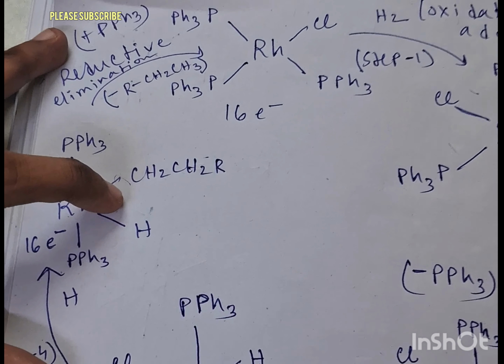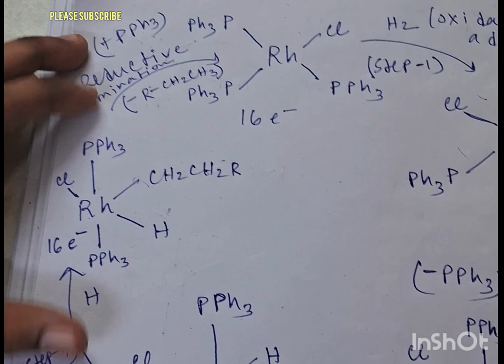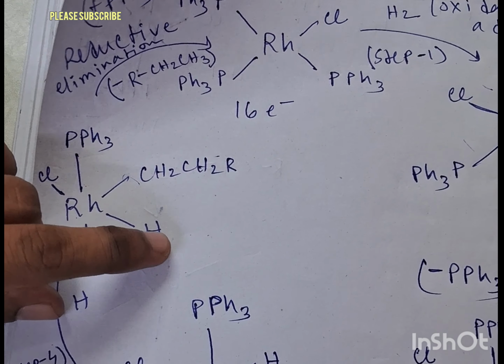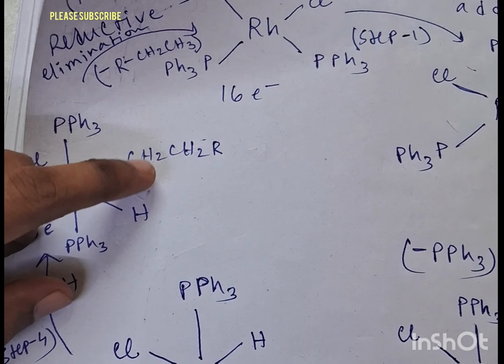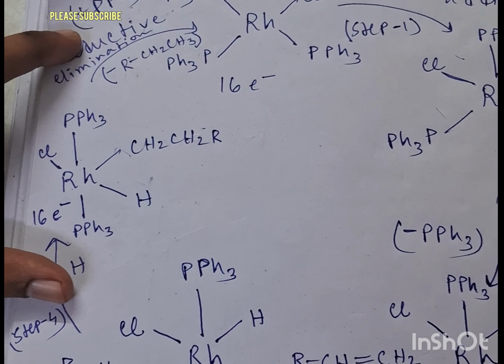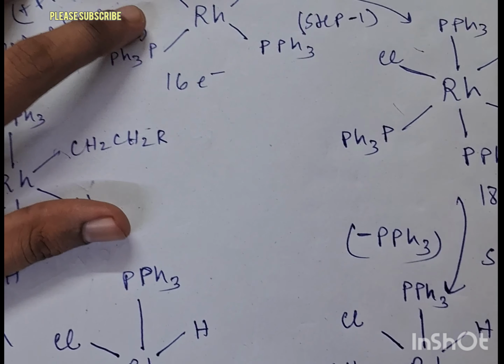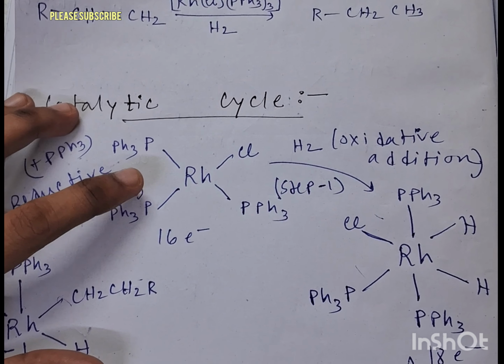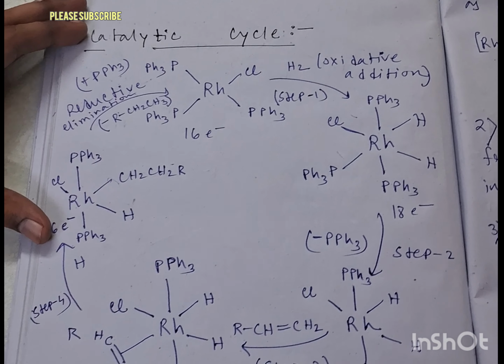And here, in order to regenerate the catalyst in the initial form, we should eliminate these two groups, the hydrogen and the alkyl group. So these two groups are eliminated from the complex, and the residual complex gets back to the original mother form, and this is the overall catalytic cycle.